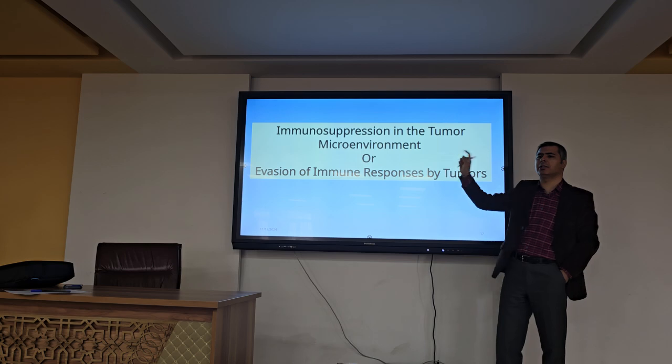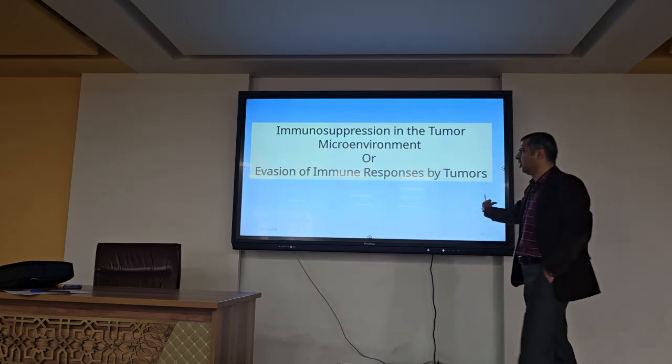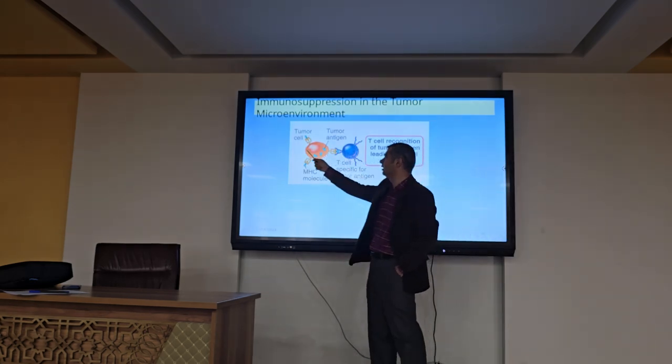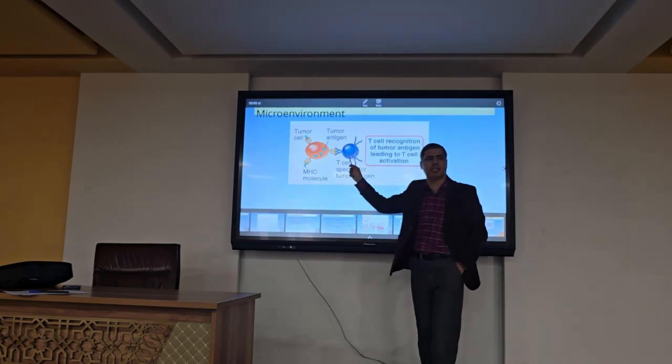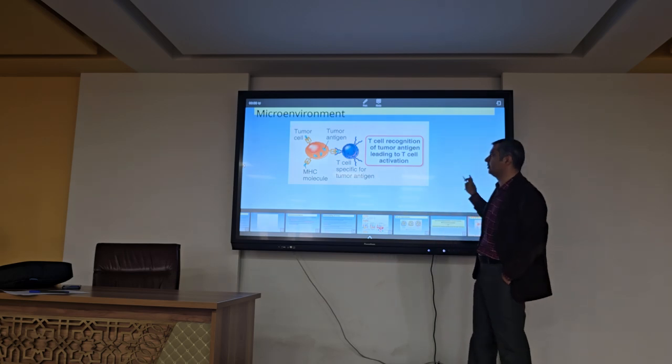Now, I'm going to talk about, in summary, the mechanisms by which tumors escape from the immune system. I have told you most of them. First, this is a normal immune response. T cells recognize the tumor antigen by MHC class 1, leading to activation of T cells. This is a normal cellular immunity against a tumor cell.